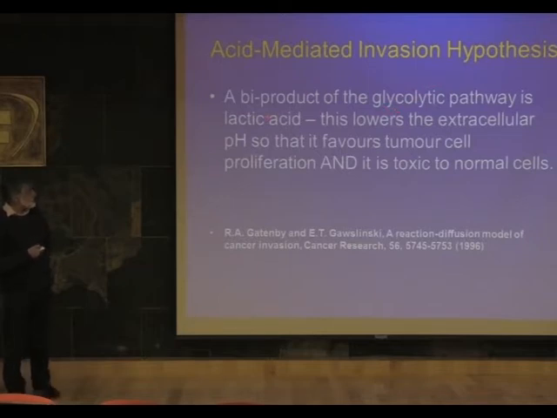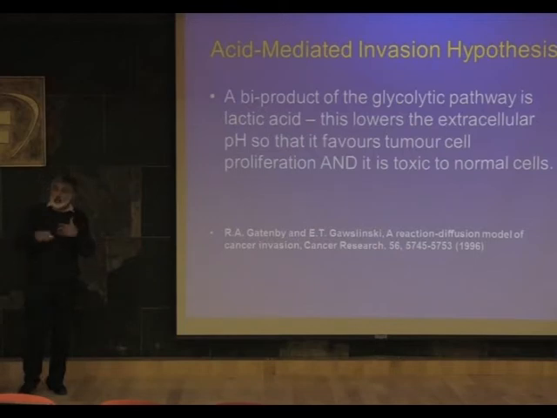So the idea that he put forward was that the lactic acid might actually change the environment and make the environment supportive of the tumor cells and not of the normal cells. So basically the idea here was the tumor cells go into an environment which is hostile to the tumor cells, and the tumor cells change the environment so that it becomes good for them and bad for the normal cells.